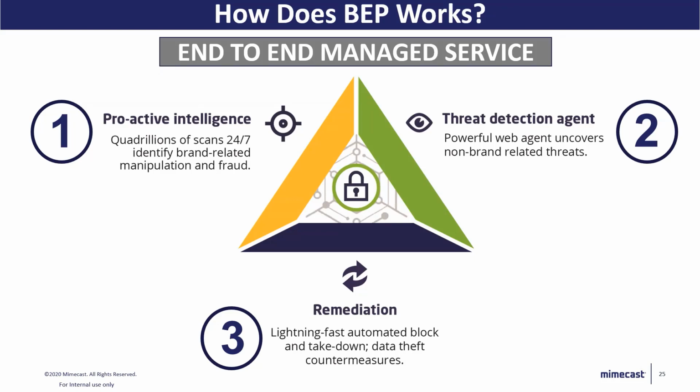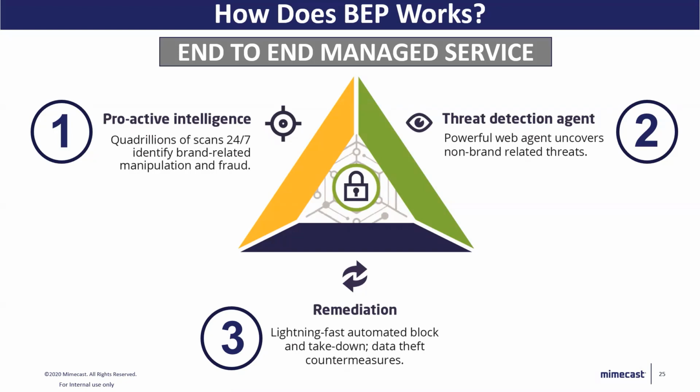So without getting too massively technical at the moment, the first part of this is the proactive intelligence. Highly targeted scanning using artificial intelligence and machine learning to rapidly identify the use of lookalike domains designed to deceive people and steal money or data.